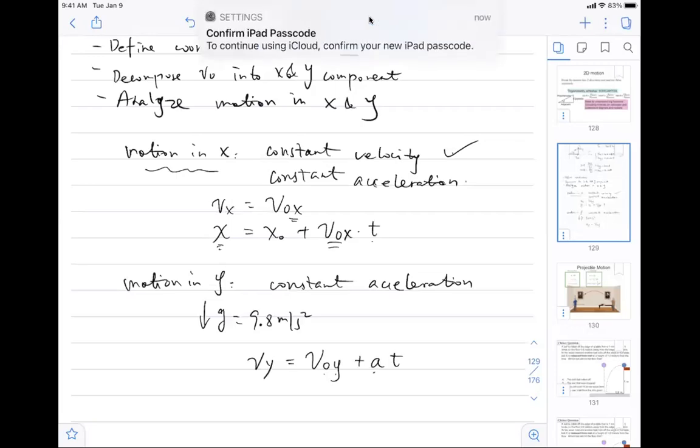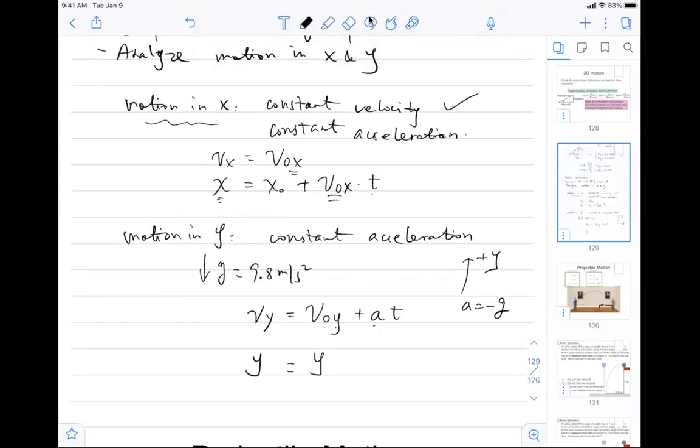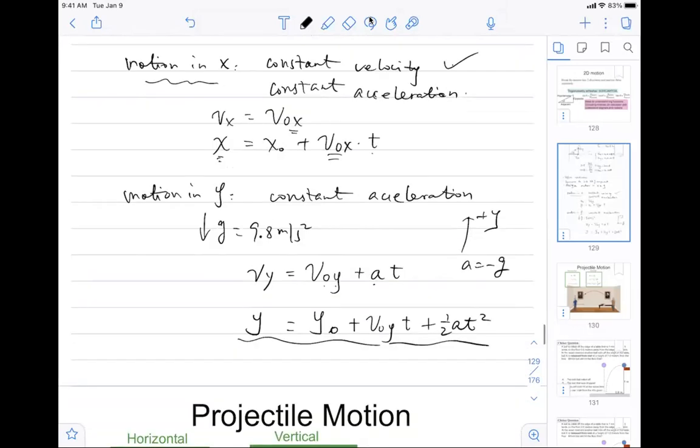If you define upward as positive, then your acceleration would be negative g, negative 9.8. You can plug that in. If you want to know your position in the y direction, it is your initial position y naught plus your initial velocity in y times time, plus 1/2 a t squared. So this is what we already derived in the previous class.